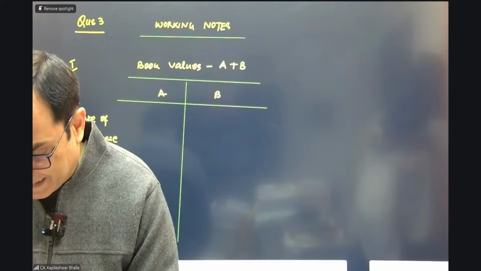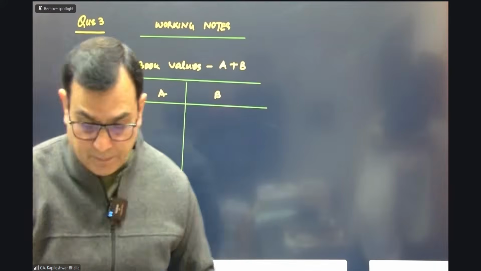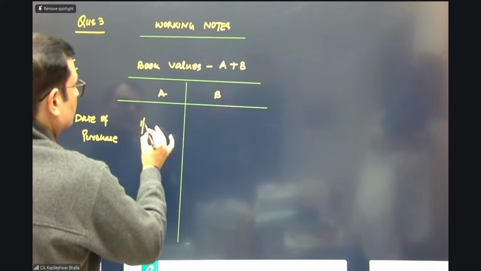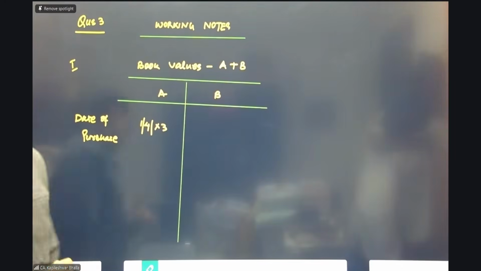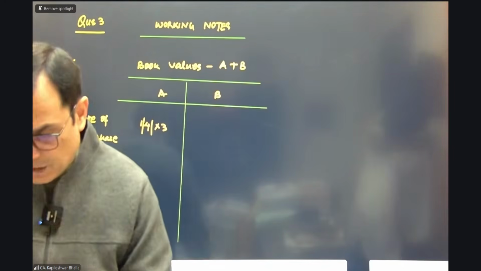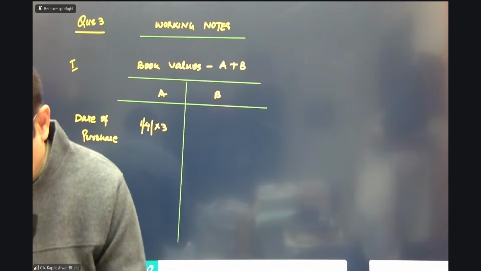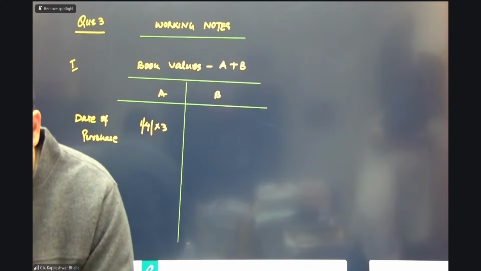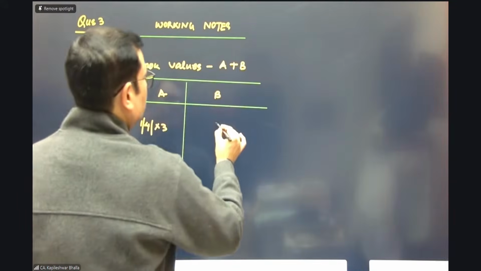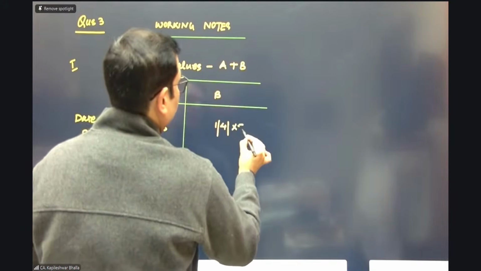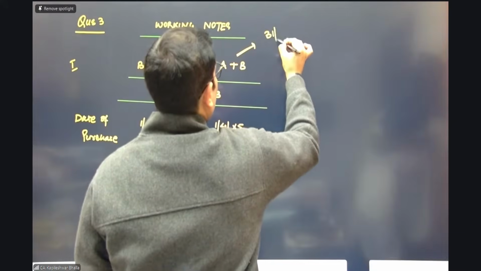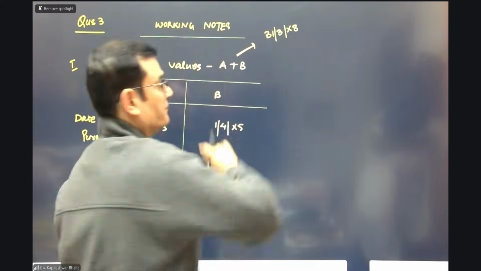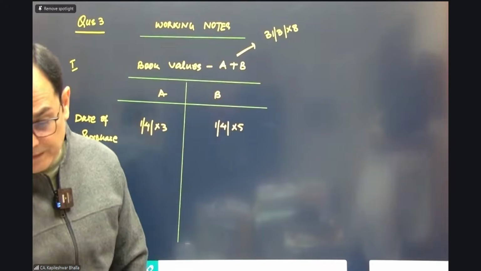Machine A, I guess, was purchased on 1st April X3, and machine B in this particular case was purchased, I guess, on 1st April X5, and we are trying to calculate the book value of the machine on 31st March X8. So let's calculate the depreciation.